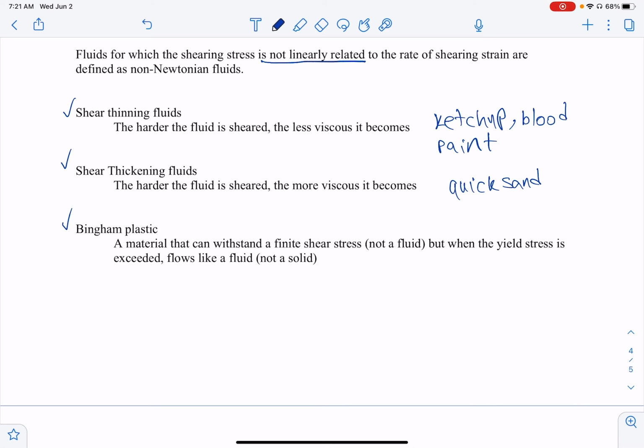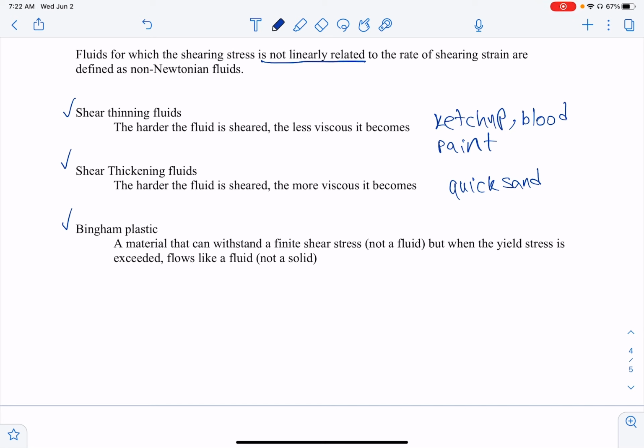If you think, for example, of a bottle of mayonnaise, you need to first create an initial and sufficient shearing stress in order to allow the mayonnaise to start flowing.